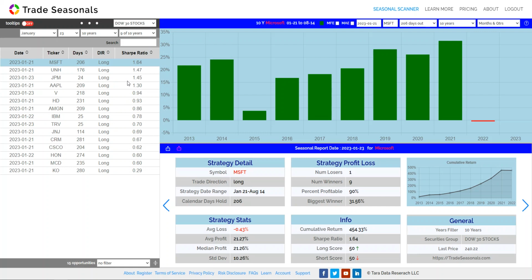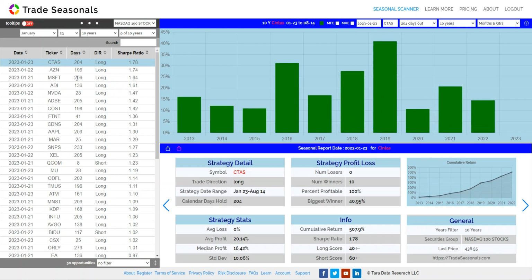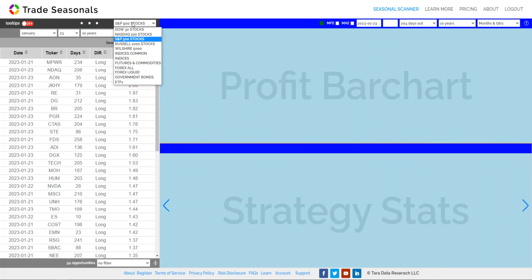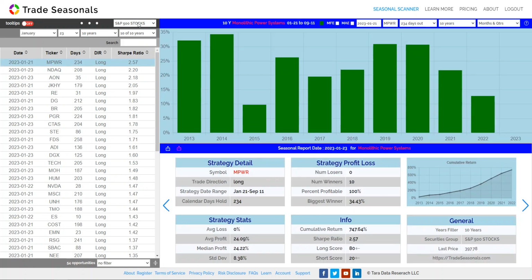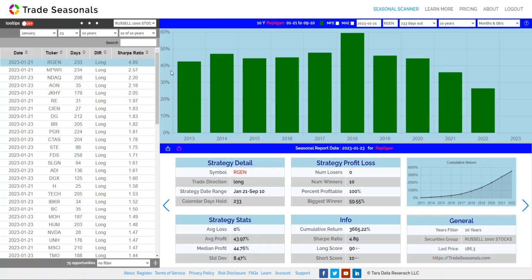Microsoft is seasonally bullish right now. What's top of NASDAQ? Cintas. Top of NASDAQ. We saw top of S&P 500, which was Monolithic Power Systems. Russell has a different list. Look at that consistent profitability.